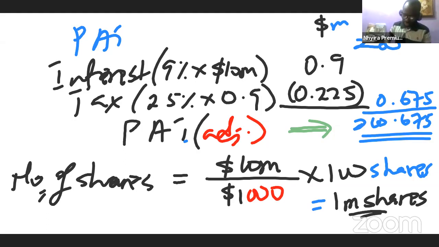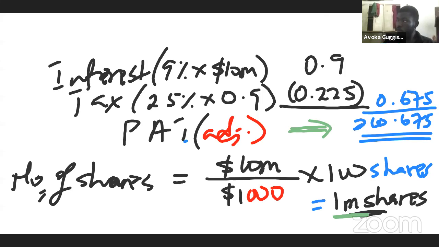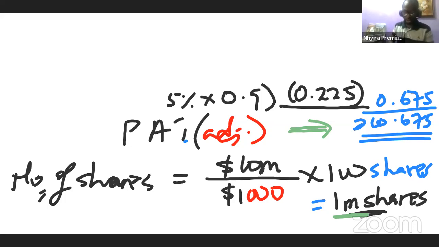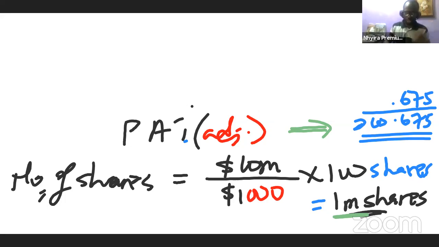Now we have the number of shares on conversion, 1 million. Please turn off your mic if you just joined, or if there is a noise in your background, so we avoid a lot of noise.